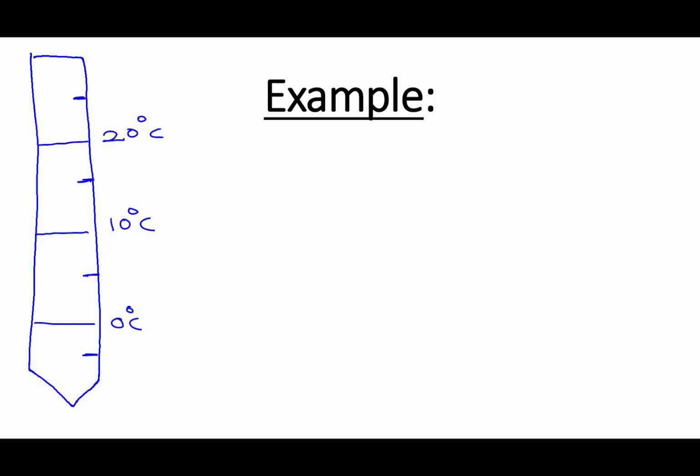That's the increment. We're going to do the reading at this point. You want to know what is the temperature at this point. Again, the first thing that you want to do is to find the increments.